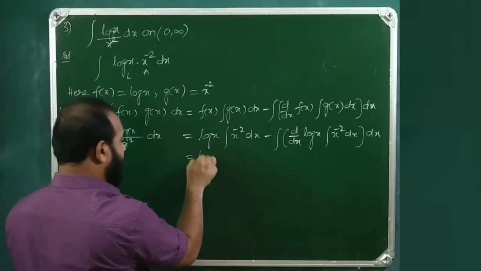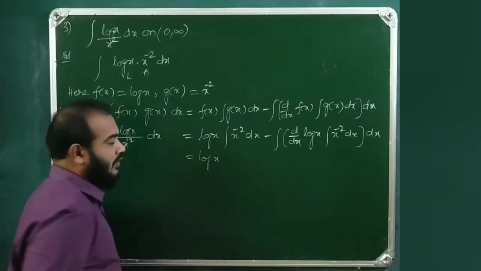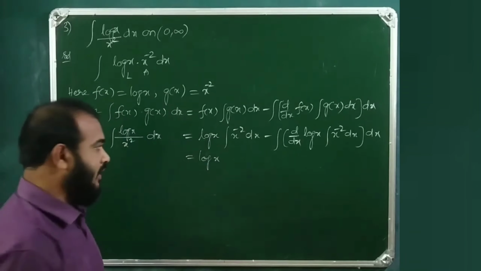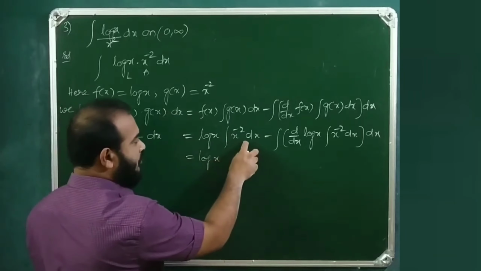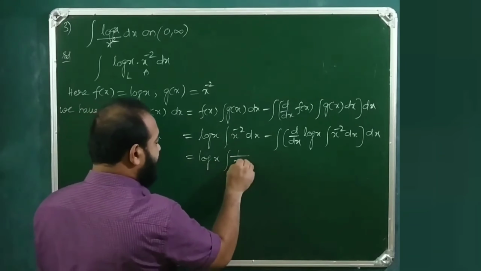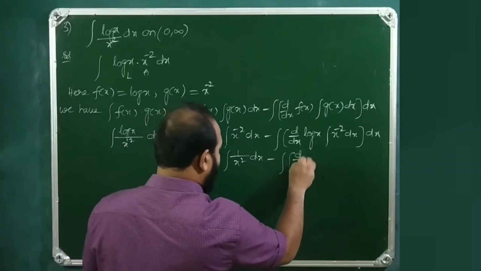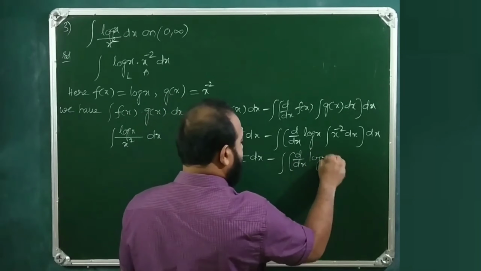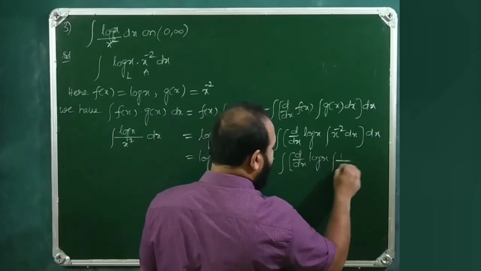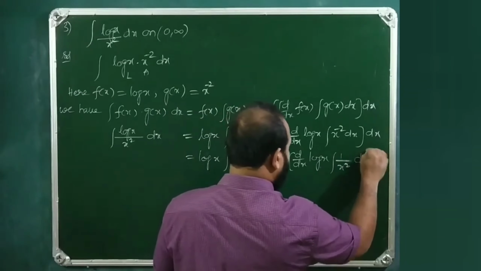So this is equals to log x. Integral 1 by x square is minus 1 by x. This x power minus 2 in the sense 1 by x square dx, minus d by dx of log x into x power minus 2 is 1 by x square dx, whole dx.